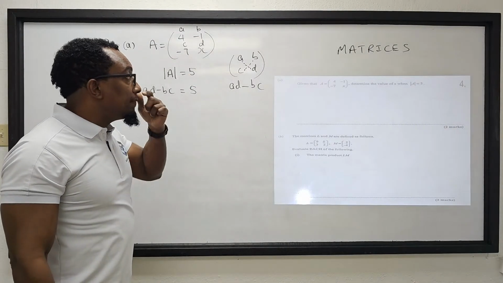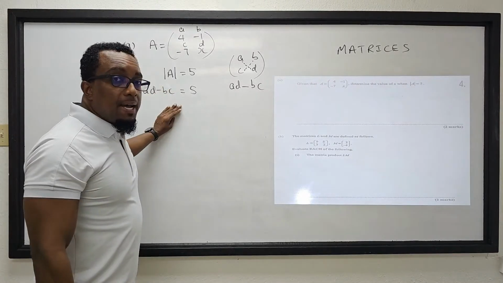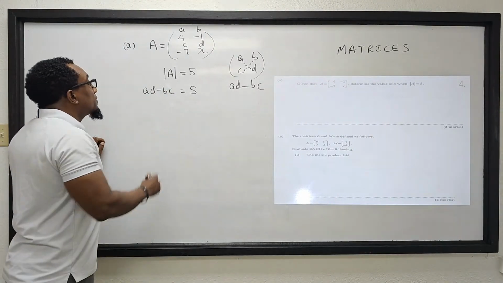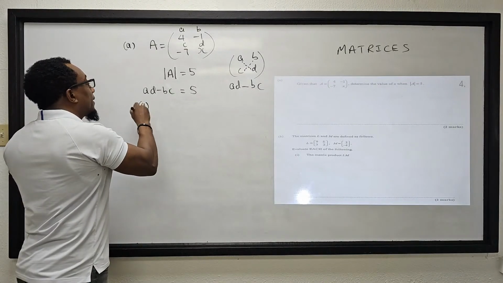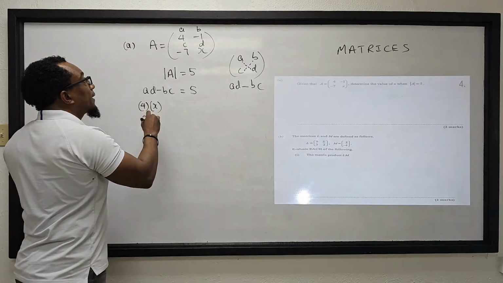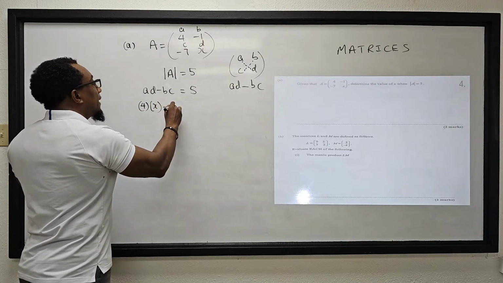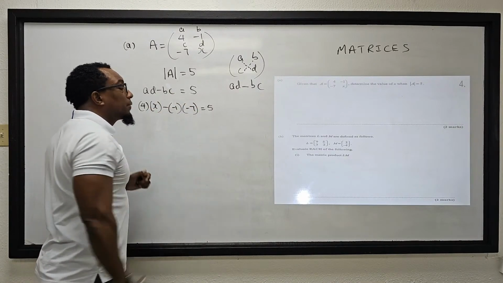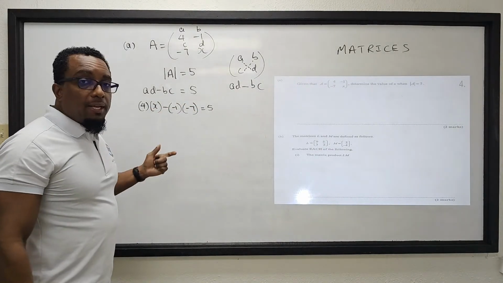If you ask us to find x, it means in math you have to create an equation, which we have here. That's our equation. Let's substitute. A is 4 in brackets, D is x in brackets, subtract B is negative 1 in brackets, C is negative 7 in brackets, is equal to 5. Simple equation, let's solve it.